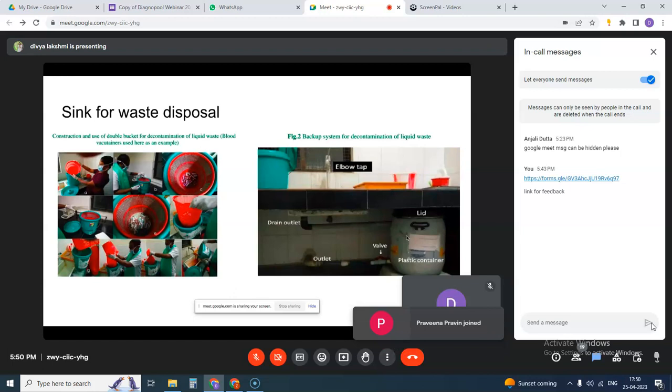After discarding, you pour 1% sodium hypochlorite solution, close the lid and allow it to stand for 20 minutes. After 20 minutes, you can lift up the inner bucket and all the liquid waste will drain out. After that, the solid can be discarded into the red bag and given to the biomedical waste team.